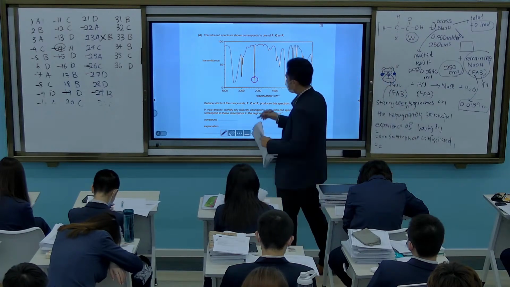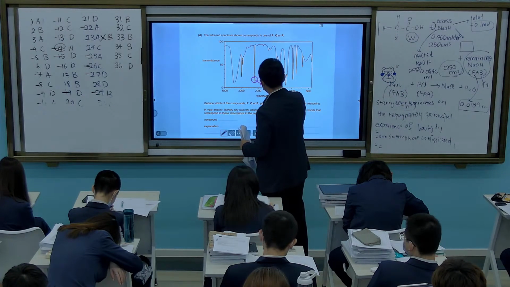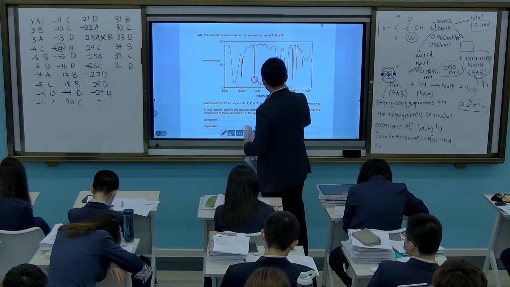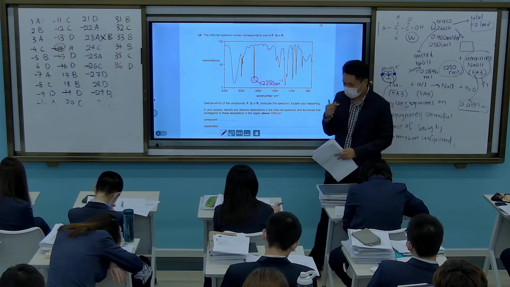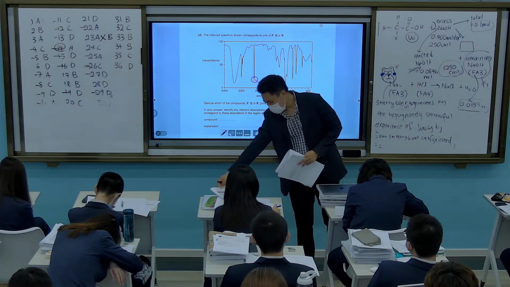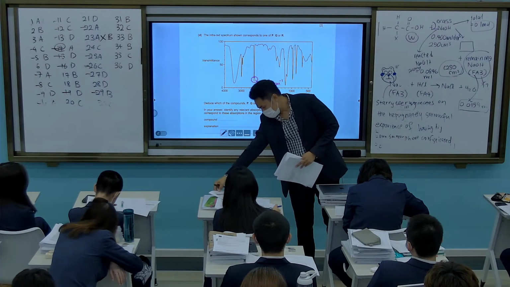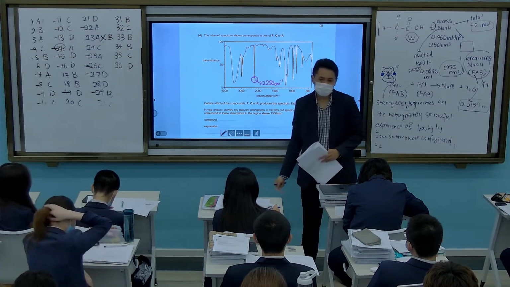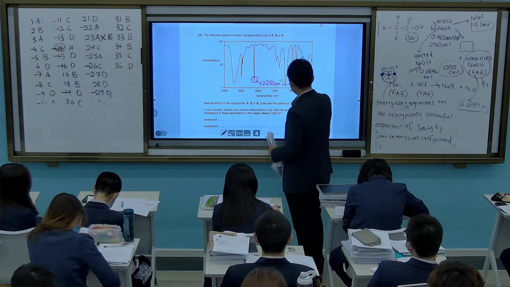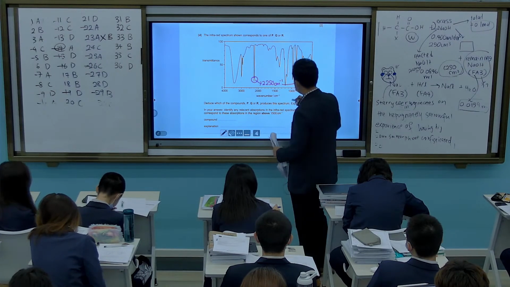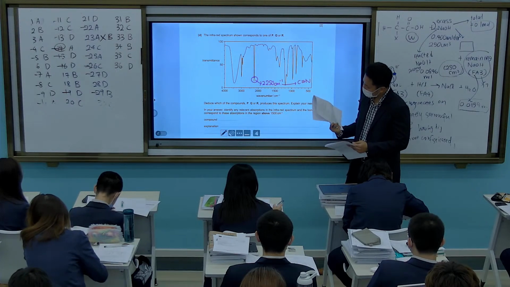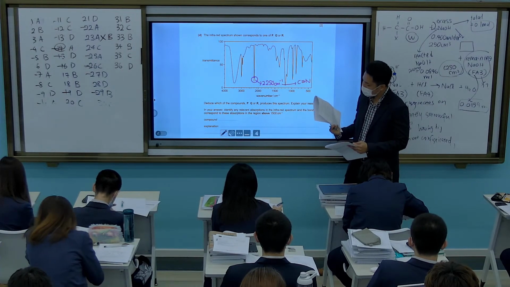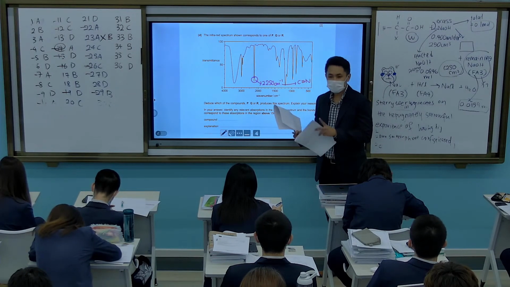2250 cm minus 1. Refer to your data booklet and check. So it's your C triple bond N. Because the only one with the C triple bond N is P, so let's double confirm.